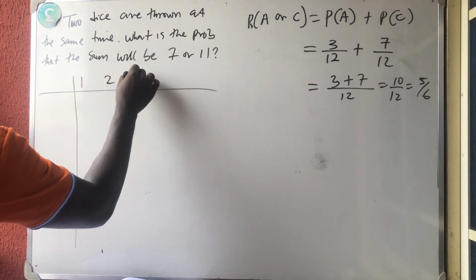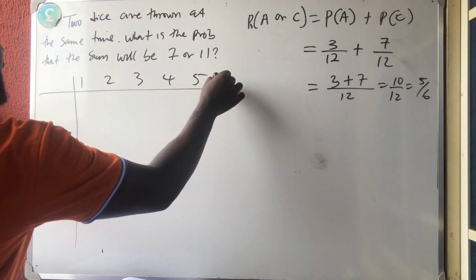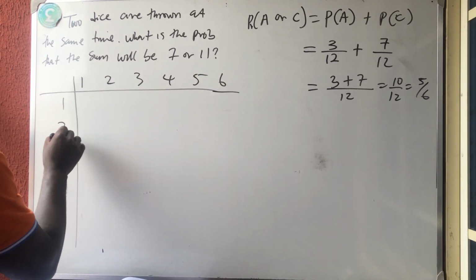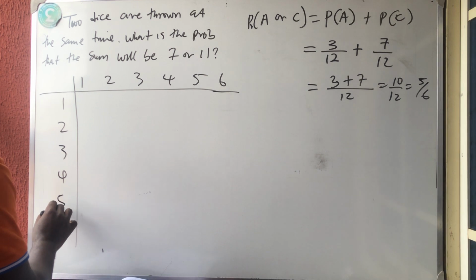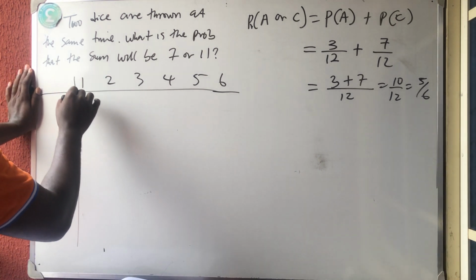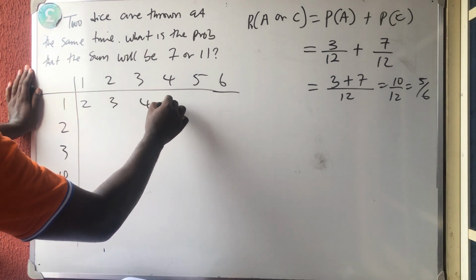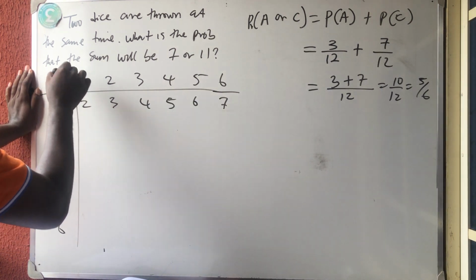We have 1, 2, 3, 4, 5, and 6, right? 1, 2, 3, 4, 5, and 6. So I have here 2, 3, 4, 5, 6, 7. Don't forget that I'm adding their sum.